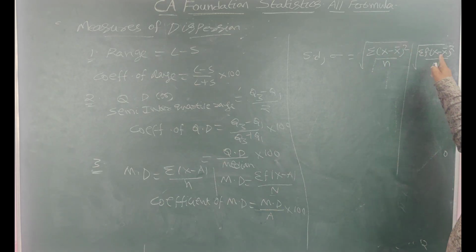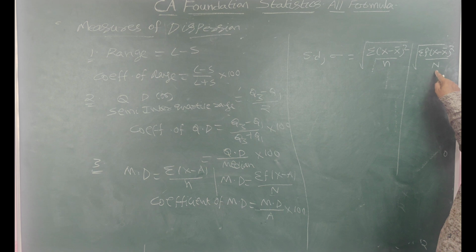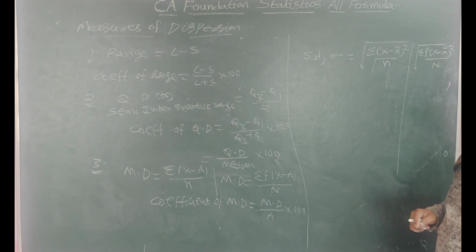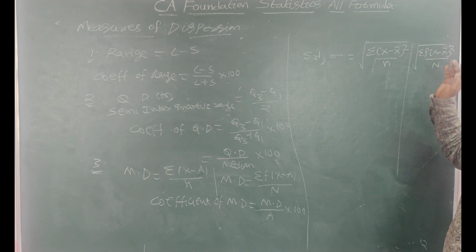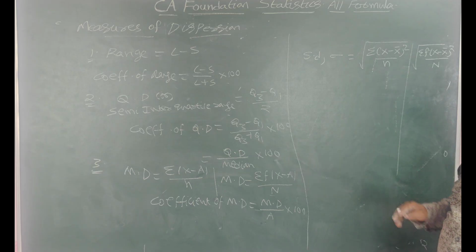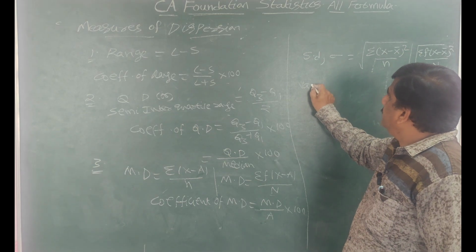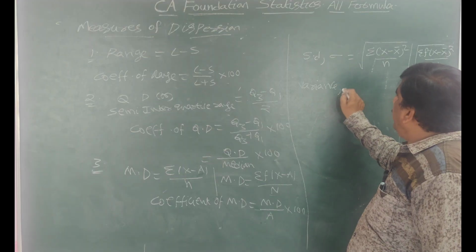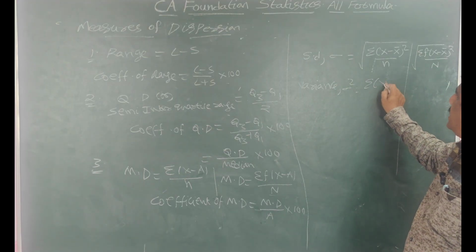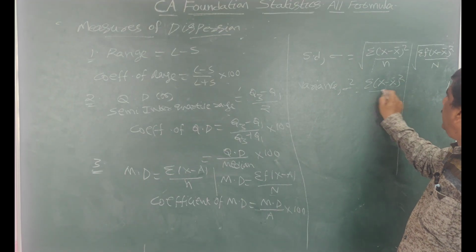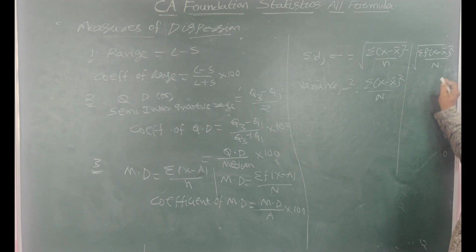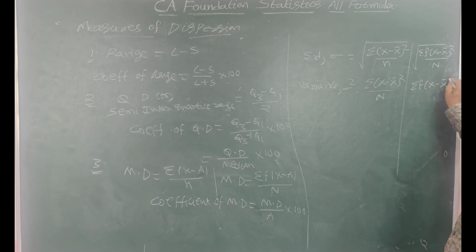For the mean in the case of frequencies, summation fx by n; instead of x, take x minus x bar whole square and take the root, and that is the SD formula. If it is variance, remove the root: sigma square. So what is the formula for variance? Sigma square is summation x minus x bar whole square by capital N, or with frequencies, discrete or continuous, summation f into x minus x bar whole square by capital N. This is variance.